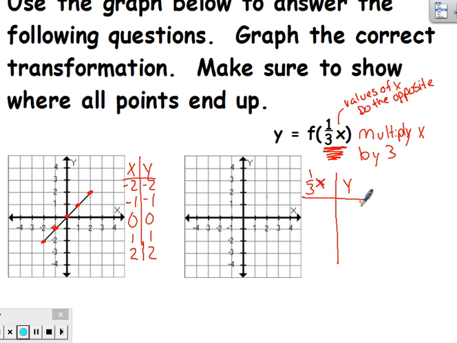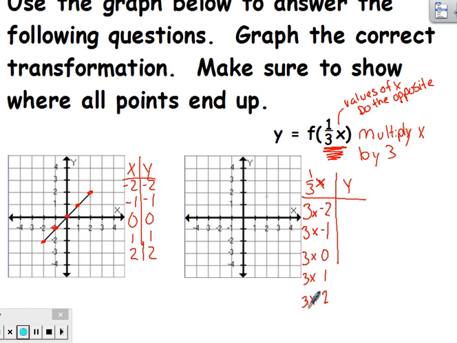That means that I have 3 times my values of x, which are -2, -1, 0, 1, and 2. So I will be multiplying all of those values by 3. 3 times -1, 3 times 0, 3 times 1, and 3 times 2.